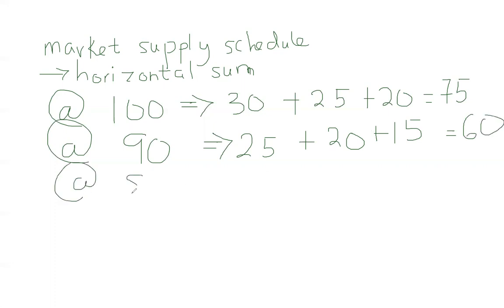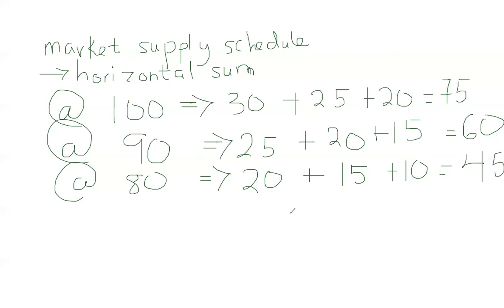What about at 80? We have 20 from Giselle plus 15 from Keaton plus 10 from Madison. So at the price of 80, we have the total quantity supplied, which is the market supply, being 45. And at a price of 70, we have Giselle being 15, Keaton being 10, and Madison being 5.